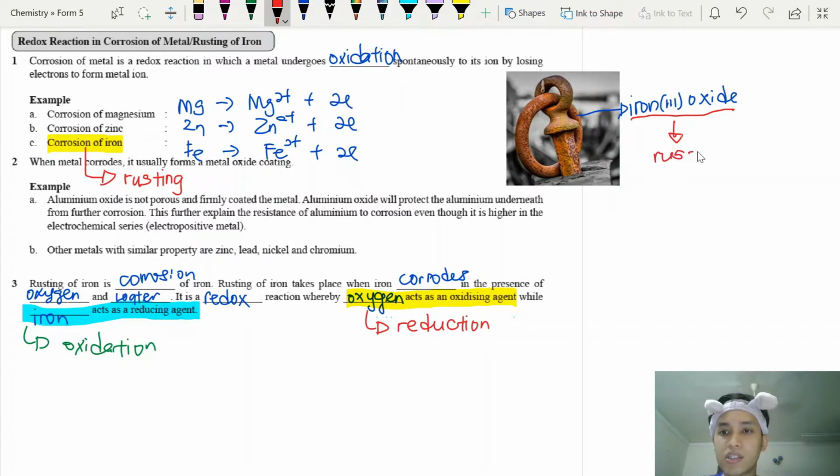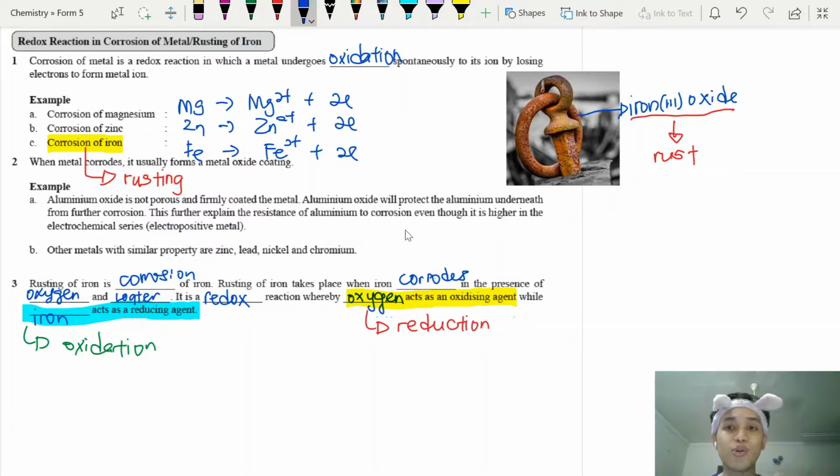What you're going to learn is the stages of how we form the iron 3 oxide, or your rust. For any metal, when it undergoes corrosion, it normally forms a metal oxide coating. For example, aluminium forms aluminium oxide. So that is the introduction about the corrosion of metal.